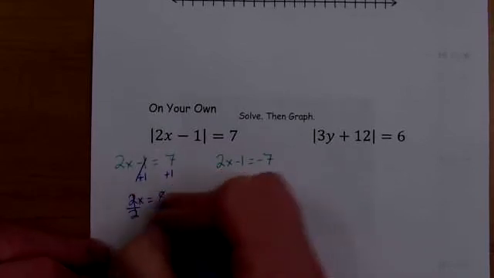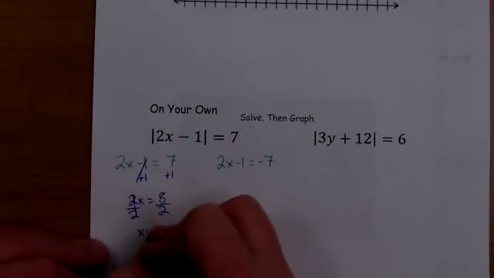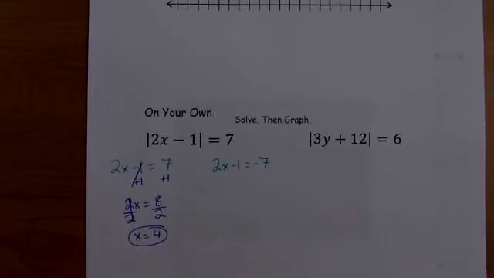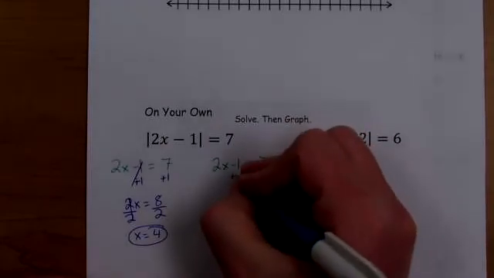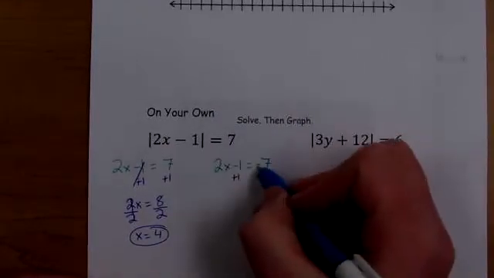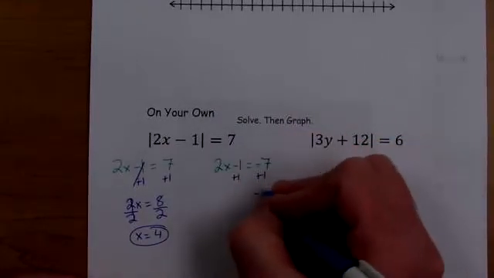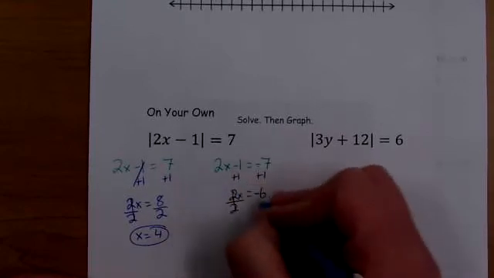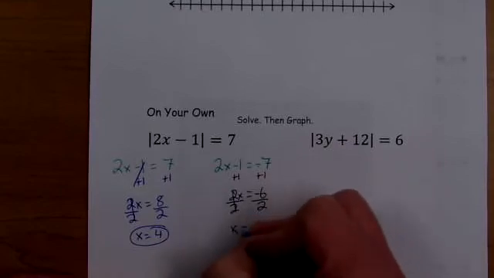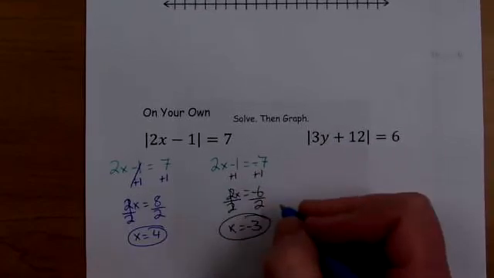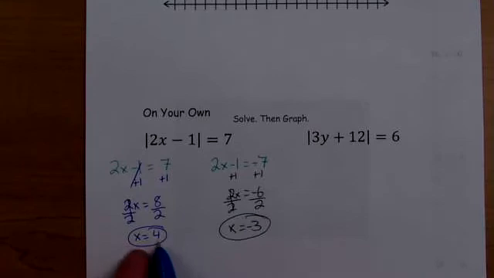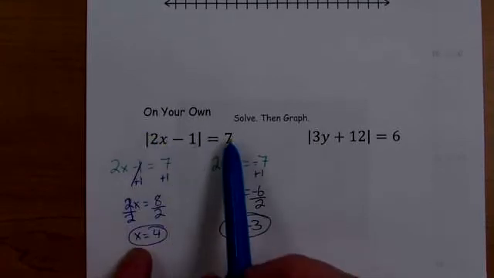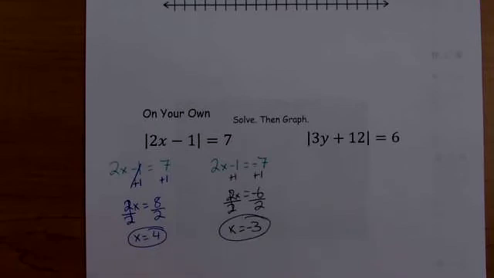Divide by 2, x equals 4. Or I can solve, add 1: negative 7 plus 1 is negative 6. Divide by 2, x equals negative 3. So what this is telling me is I could take either one of these numbers, plug it into the x, and that absolute value will be a positive 7.